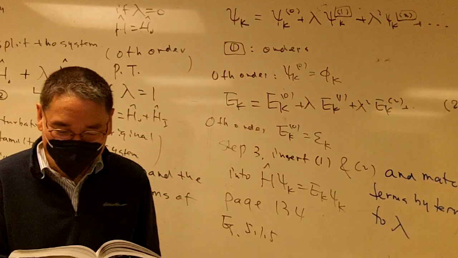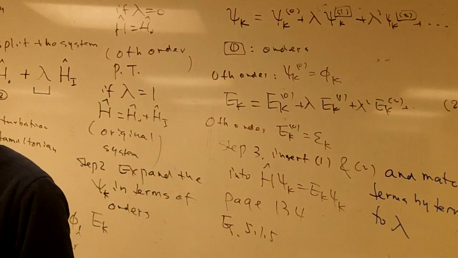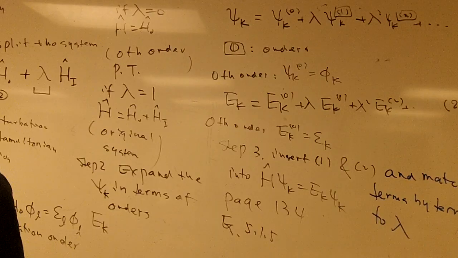The reader can easily remember how these terms are written by noting that every term consists of two terms, where one term is the zeroth order and the other is the first order in H-hat sub I.